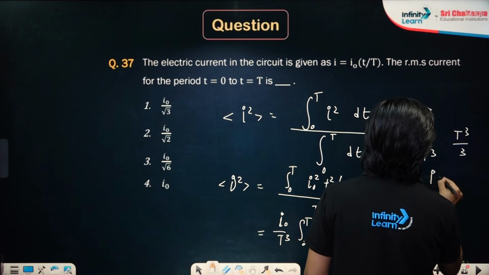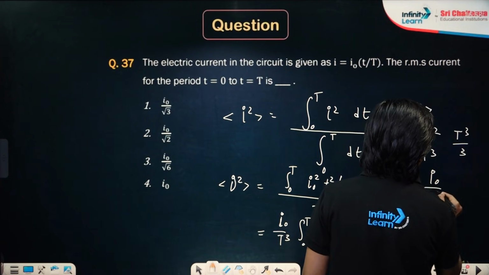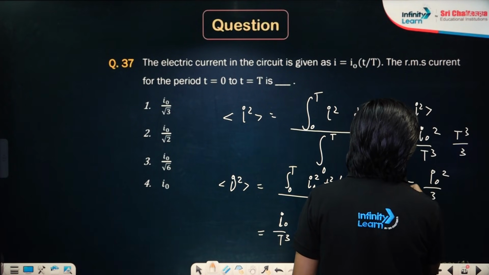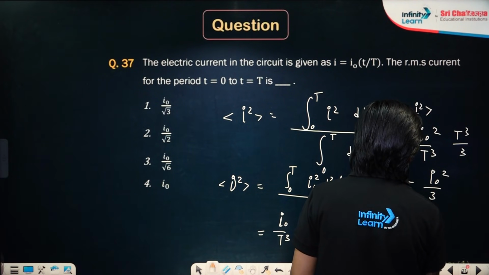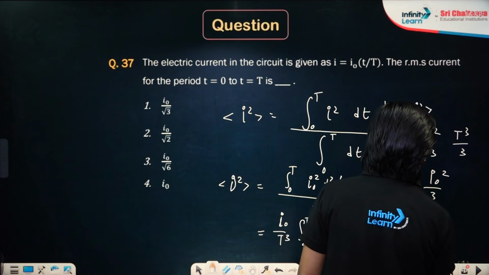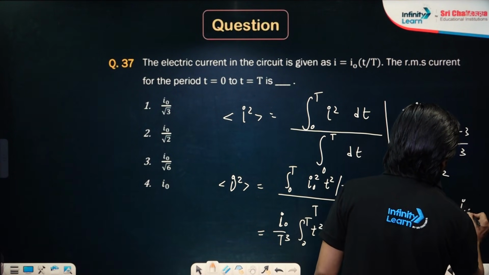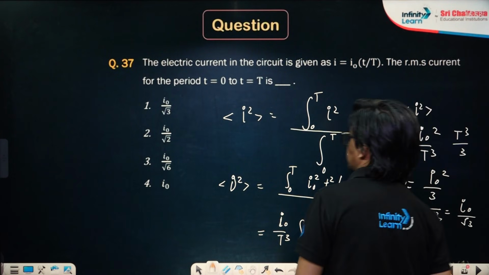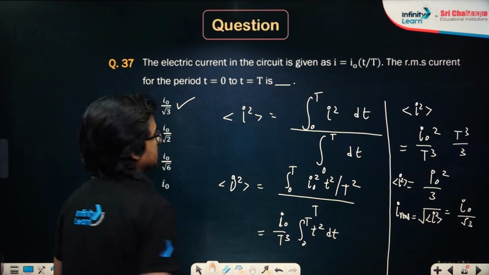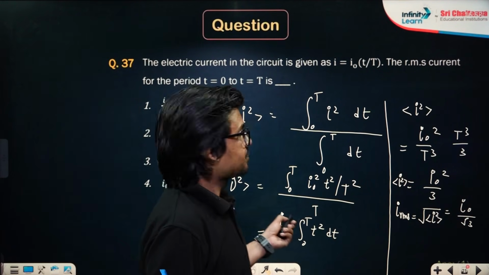That is I naught square divided by 3. This is the average value of I square. The RMS current is just the square root of it. If you take the square root, you are going to get I naught divided by square root of 3. So I naught divided by square root of 3 is the right answer.